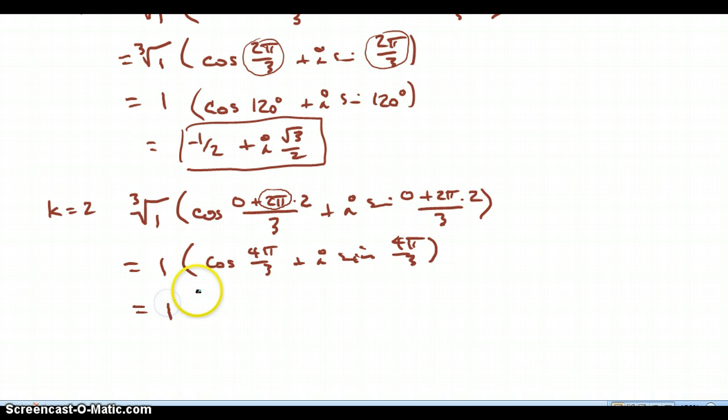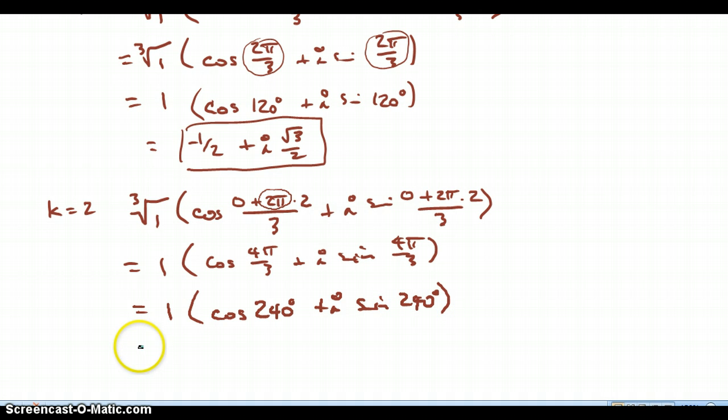This is 1 times the cosine of 240 degrees plus i sine 240 degrees. If I distribute this 1, it's just what's inside there. Cosine of 240 was negative 1/2.